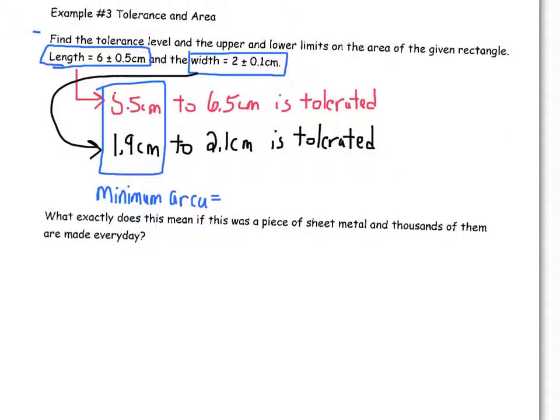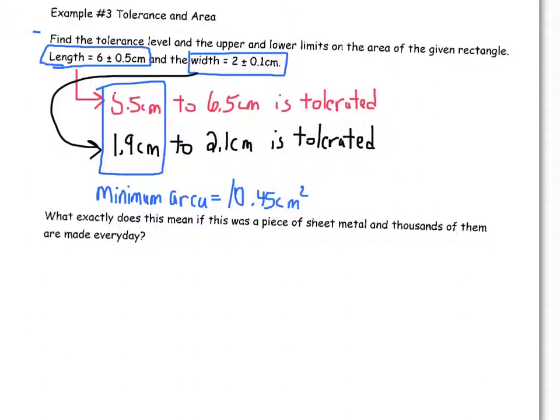So I'm going to grab my handy dandy calculator. Here we go, 5.5 times 1.9 gives me a minimum area of 10.45 centimeters squared. Okay, we will tolerate an area of 10.45 centimeters squared.